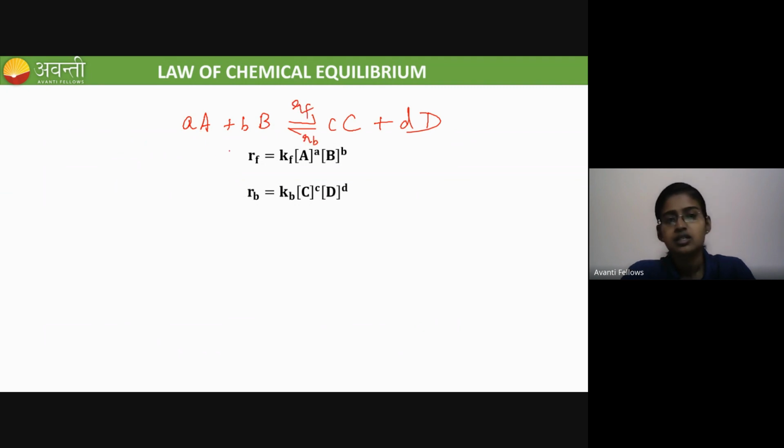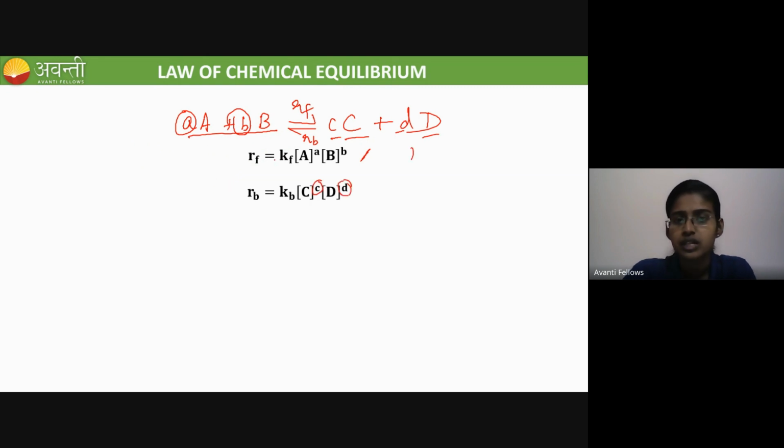If I write Rf, it will be equal to the concentration of the reactants raised to the stoichiometric coefficient, giving this expression. For the backward reaction, C and D are the reactants, so the rate depends on the concentration of C and D, and the small c and d represent the stoichiometric coefficients, which we keep in the power.